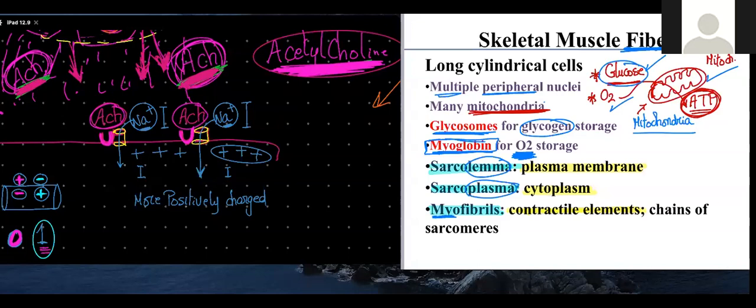Sodium will move to the inside of the cell, making the inside more positively charged. So now I've created another electrical signal traveling this time not along the nerve cell, but along my muscle cell membrane.